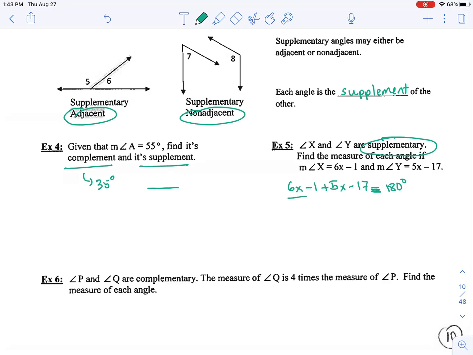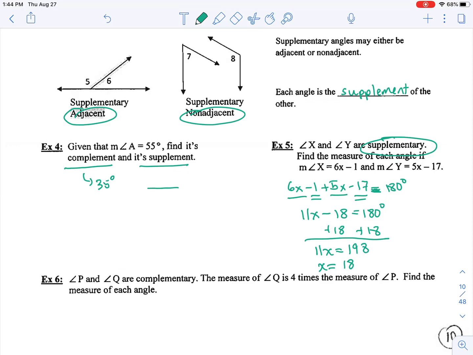Together these are like terms, 11x, and then minus 18 equals 180 degrees. I add 18 to both sides and get 11x equals 198. X is therefore equal to 18. If I stopped here, I would only have partial credit because I didn't answer the actual question, which was to find the measure of each angle.